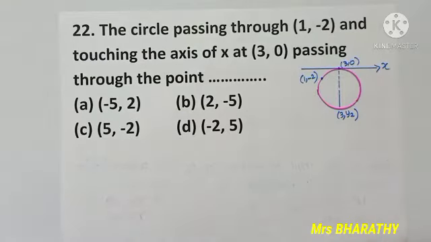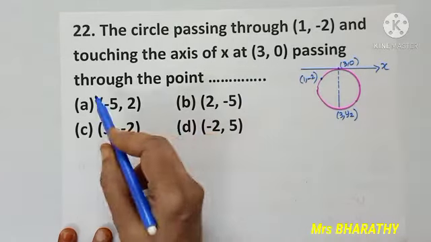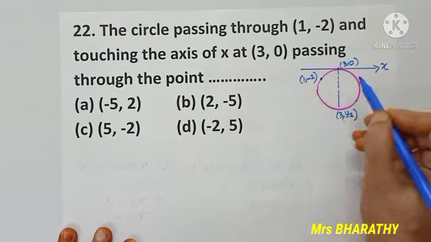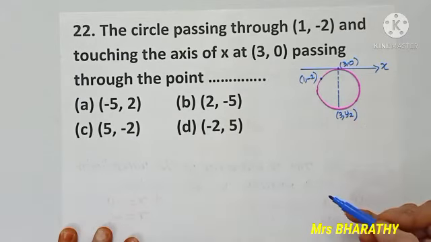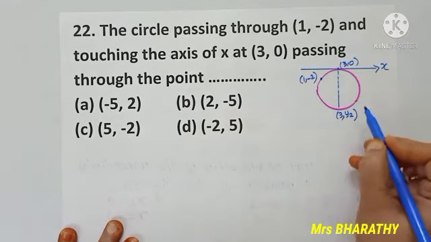Question number 22. The circle passing through 1, minus 2 and touching the axis of x at 3, 0 passing through which point? Once I know the circle touches x-axis, I can immediately drop the other end of the diameter.